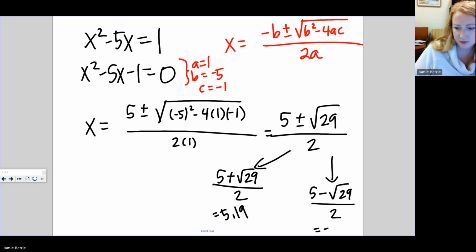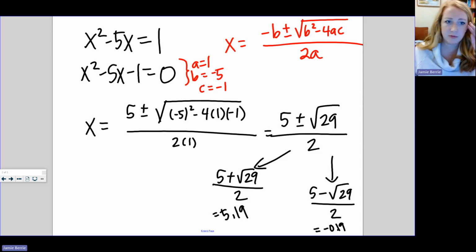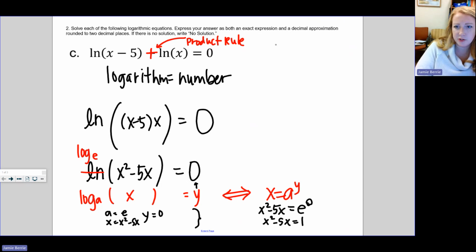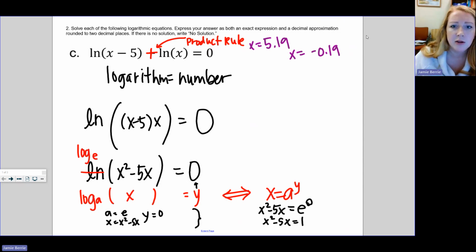Now we've got to check these answers. Let me go back to my original problem, 5.19 and negative 0.19. Here's my two options, 5.19 and then negative 0.19.